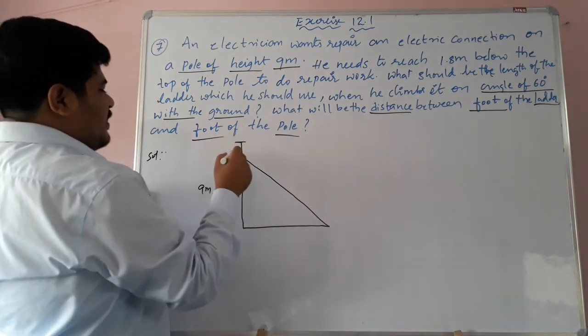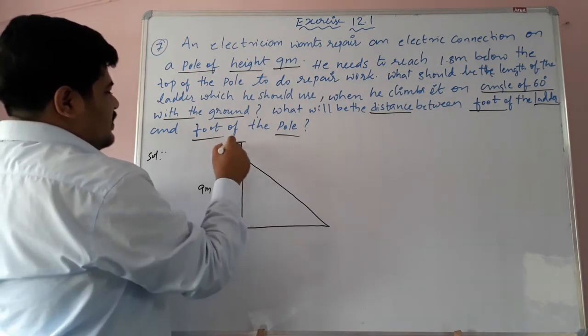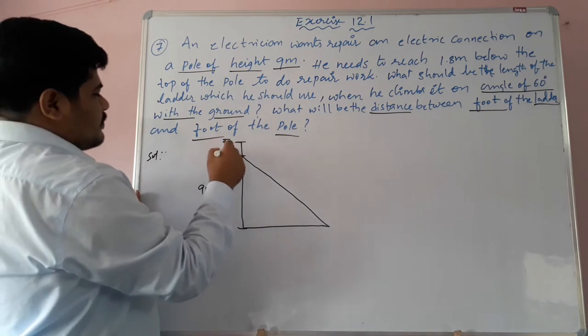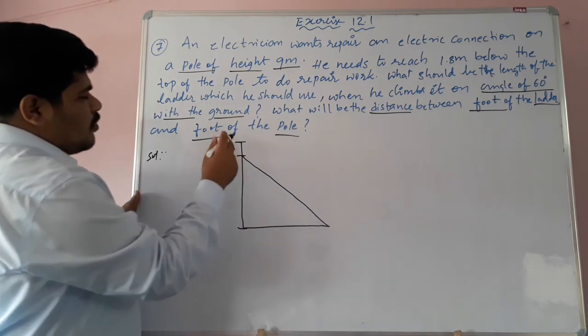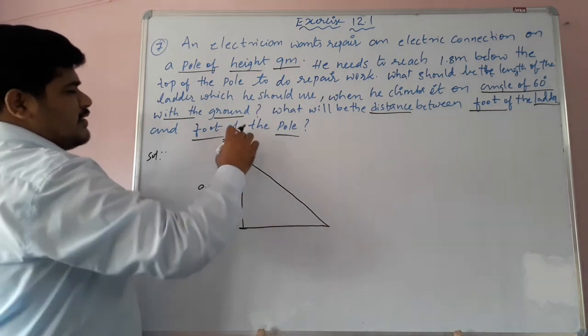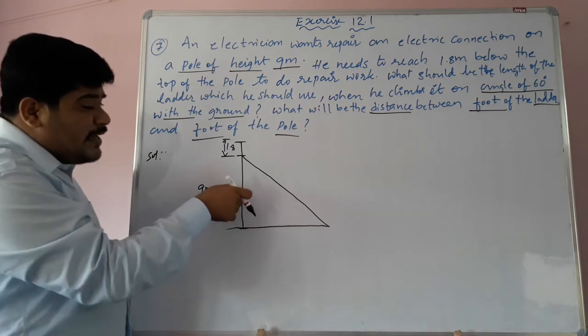So 1.8 meters below means, students, here to here how much it will be? This is 1.8. So total is 9 meters, and here he is reaching 1.8 meters below. So what will be the remaining height?